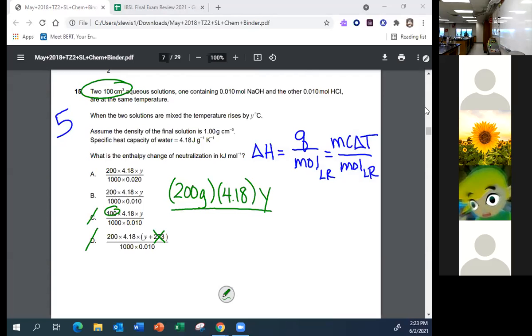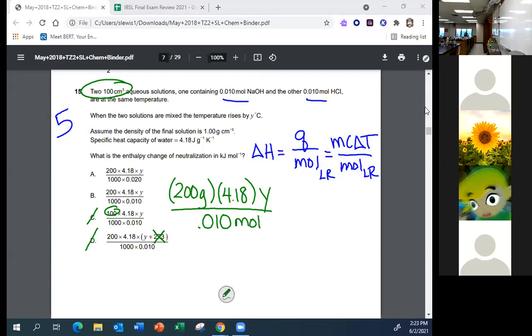In my denominator, I want moles of limiting reactant. Now I have two solutions. They are equal molar. And so you can use either one as your limiting reactant. So that would be 0.010 moles.